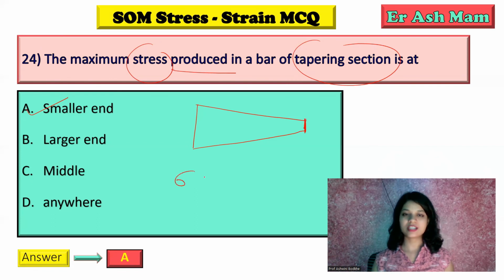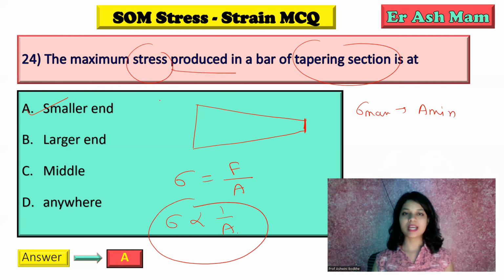You know that stress equals force upon area, so stress is inversely proportional to area. Stress will be maximum if area is minimum. Therefore, the maximum stress produced in a bar of tapering section is at the smaller end.